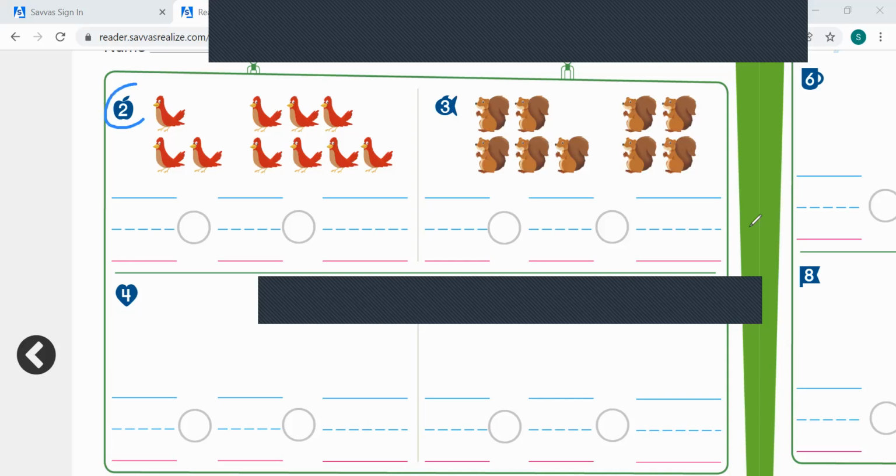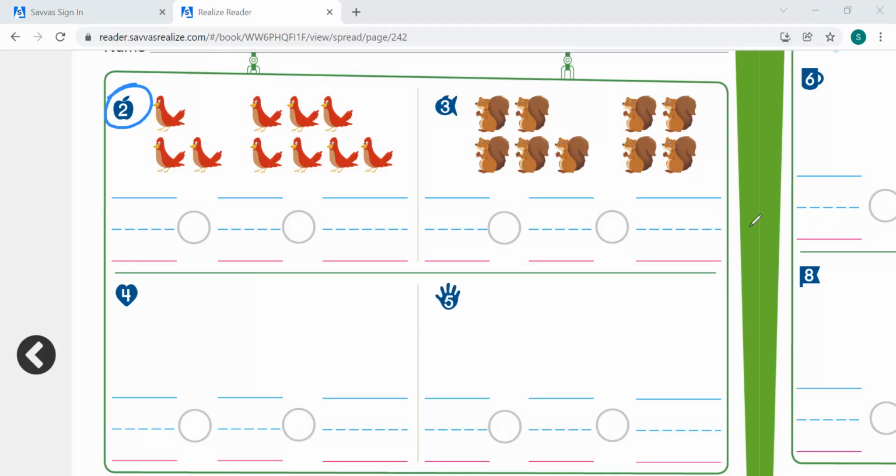All right, let's look at number 2. 3 birds are sitting in a tree. These are our 3 birds. 7 more birds join them. How many birds are sitting in all?